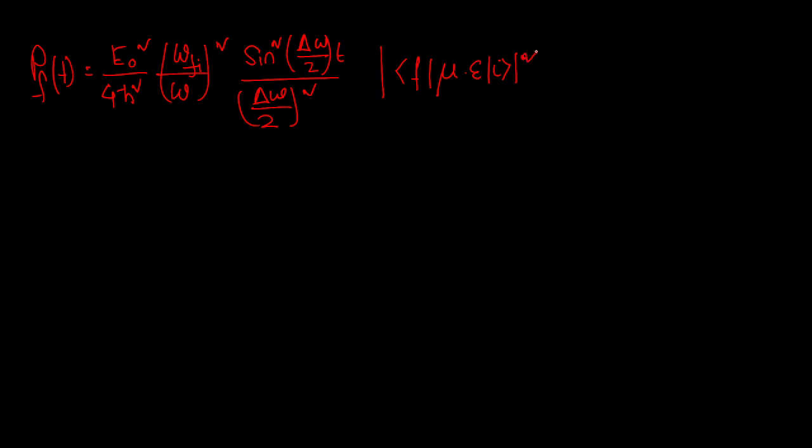Now how to determine the selection rule? For that, this mu part, the transition dipole, is taken as a derivative of the bond distance.